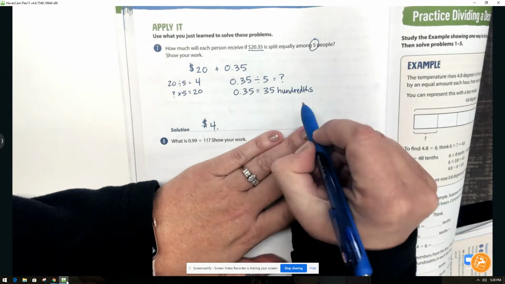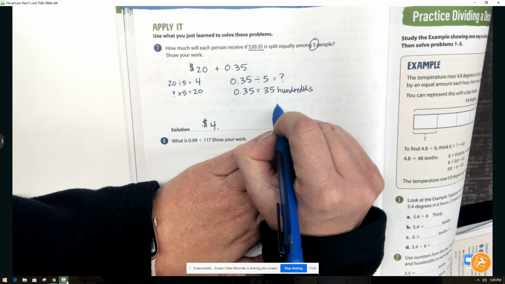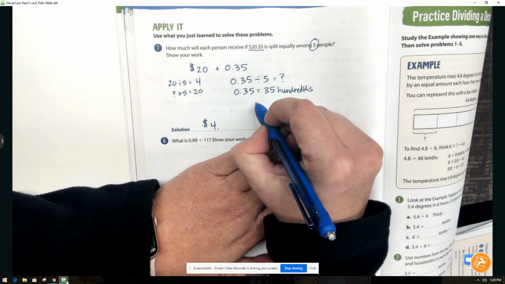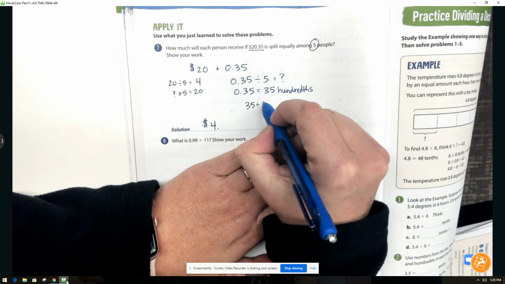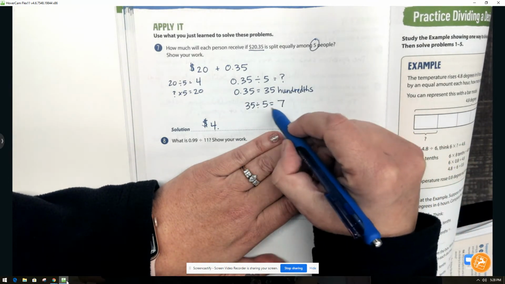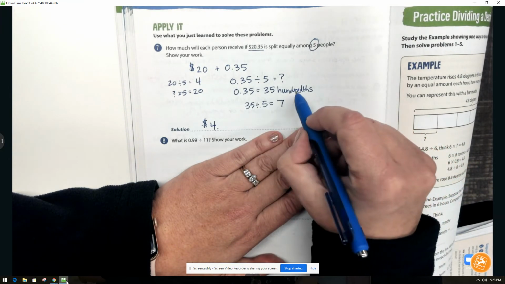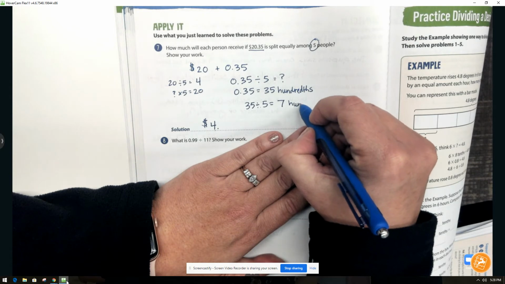So then what is 35 hundredths divided by 5? Well, I know that 35 divided by 5 equals 7, because 7 times 5 is 35. And then remember, I need to keep the same word there. So I need to keep hundredths.